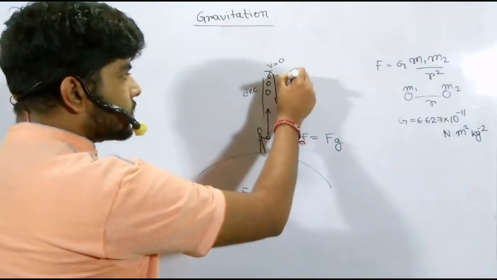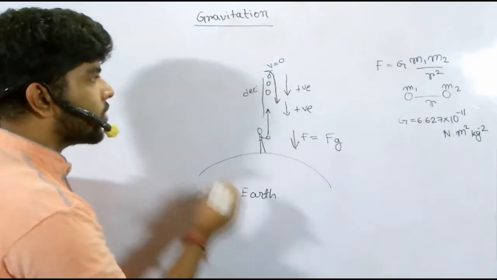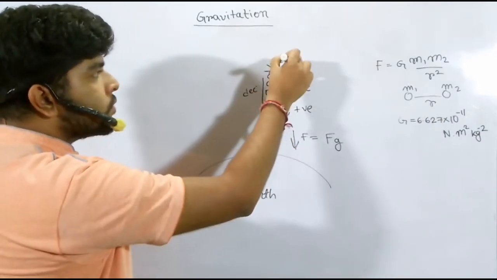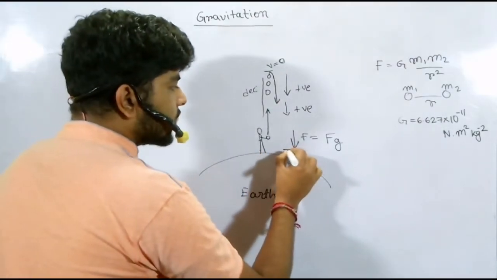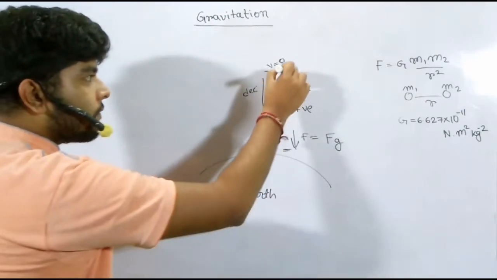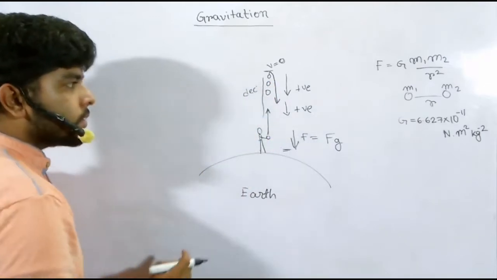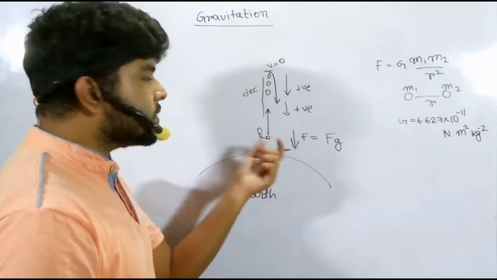As you know, the ball is falling towards the earth with an acceleration. The velocity changes. At the top position, the velocity is 0. But when it touches the ground, at that moment the velocity is maximum. That means the velocity changes from 0 to maximum, so the velocity increases, and the motion is accelerated.